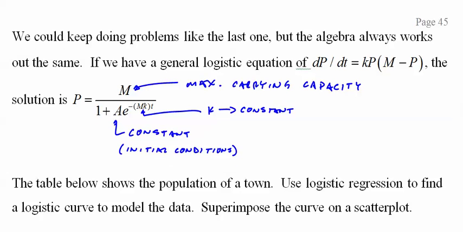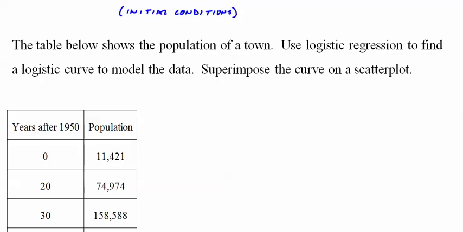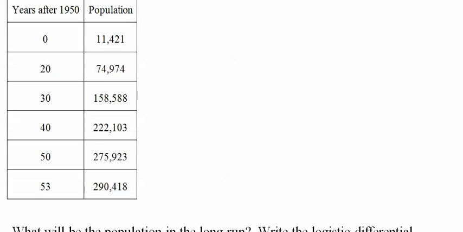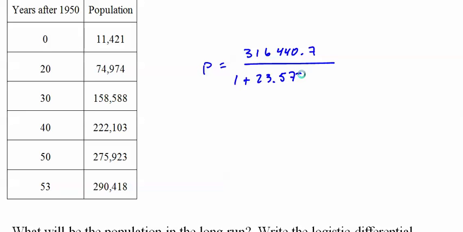So generally, we're going to give you all this. I am not going to go through this one just because I've gone long here. But again, this would be a logistic curve that you can use your calculator to model the data. If you do it right, you should get something like P equals 316440 over 1 plus 23.577 e to the negative 0.1026t.